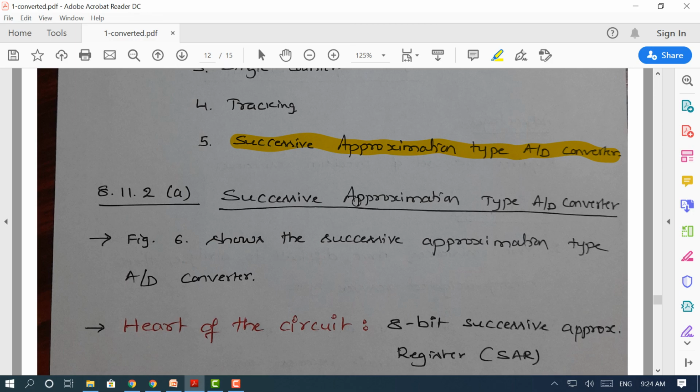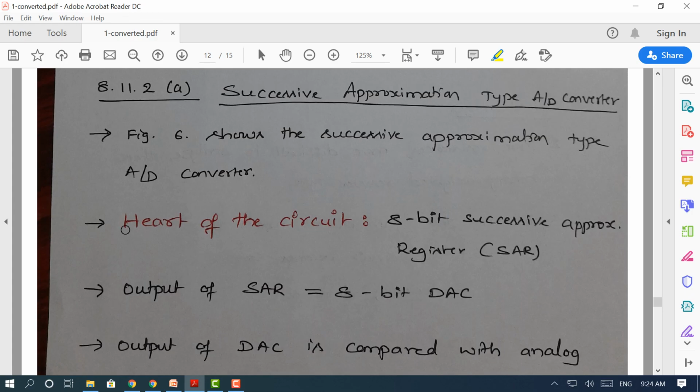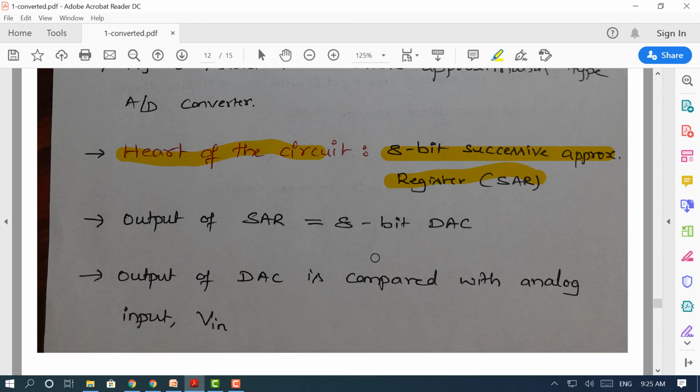Now we will show the circuit diagram of the successive approximation type A to D converter. In the circuit diagram, the heart of the circuit is the 8-bit successive approximation register. This is a very important block. The output of the SAR, the successive approximation register, is connected to the 8-bit digital to analog converter.